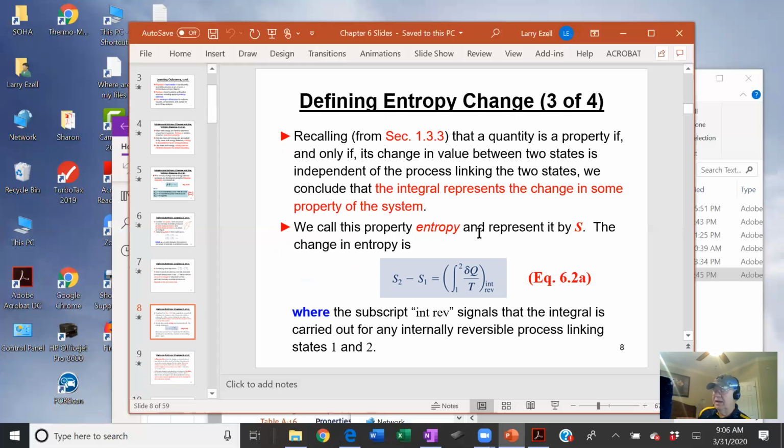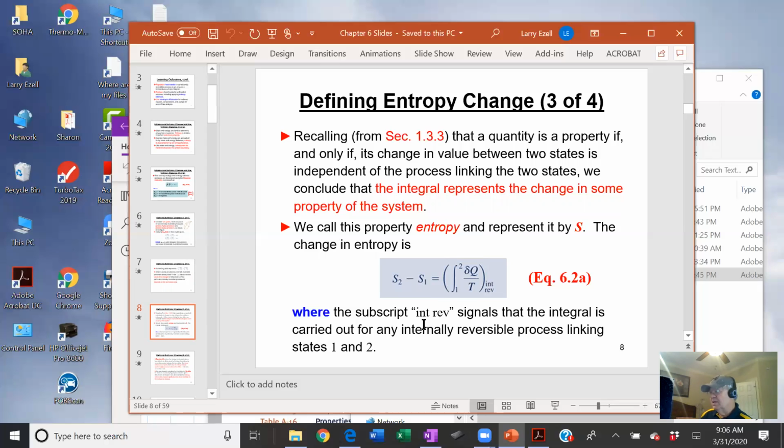So we can say that entropy is a property and is represented by a capital S. And again, like enthalpy and internal energy, generally we talk of entropy as the change in entropy. The change in entropy from state 1 to state 2 is equal to the integral from 1 to 2 of delta Q over T for an internally reversible process.